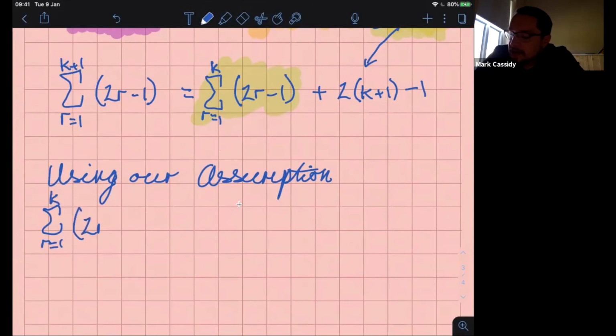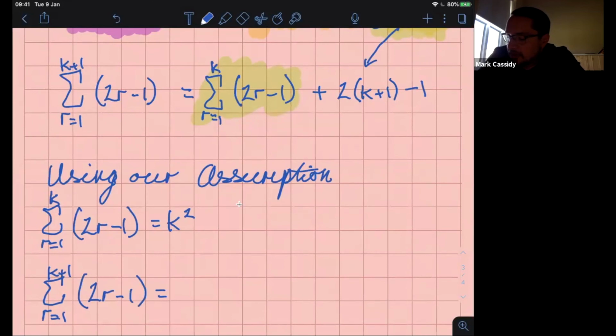So what we have then is that the sum from r equals 1 to k plus 1 of 2r minus 1 is equal to k squared plus 2k plus 1 minus 1.